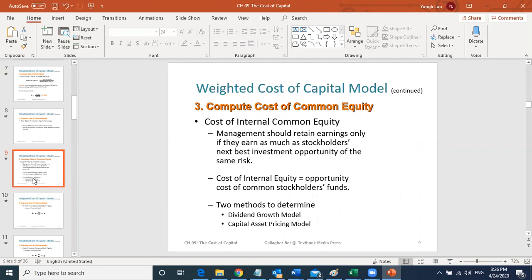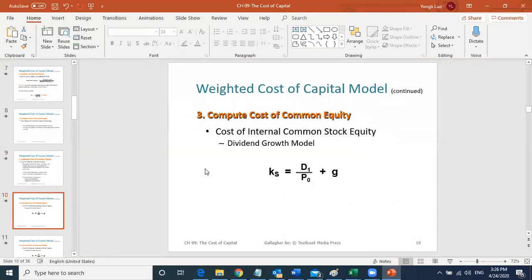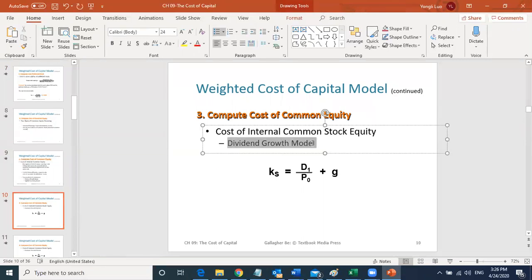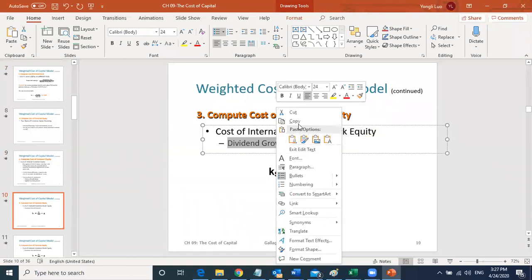So the most important part is to calculate the cost of common equity. We have two different ways to calculate the cost of common equity, and the most important one we use is called the dividend growth model.